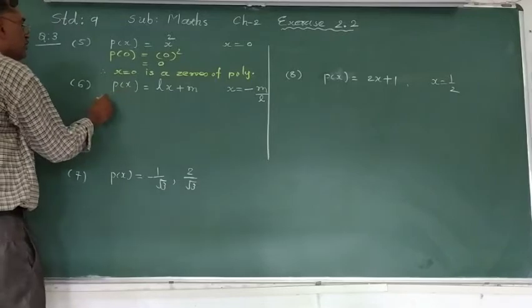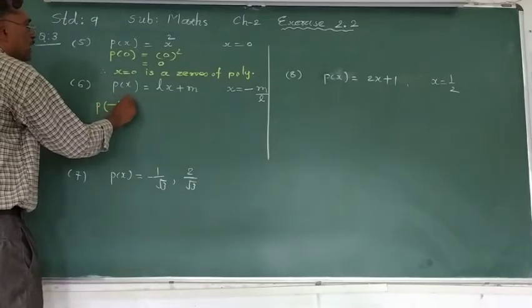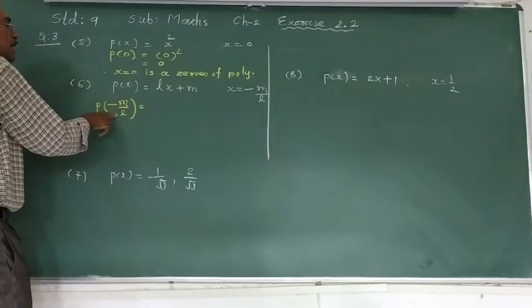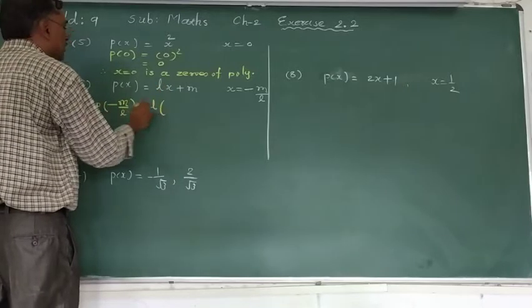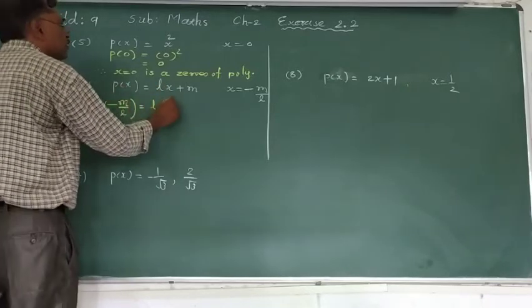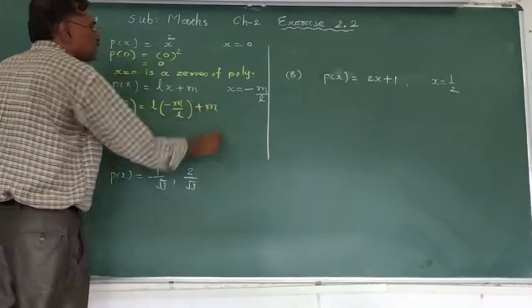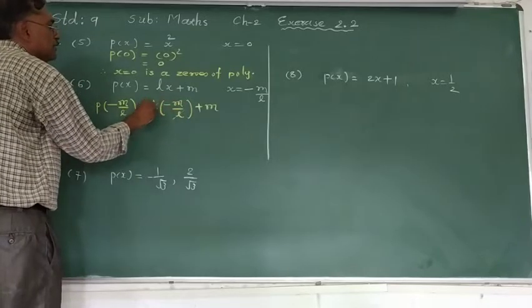Now 6th number, p(x) equal to lx plus m, and x equal to minus m upon l. So put the value, p of x equal to minus m upon l. Write minus m upon l in place of x. So here is the l times the value of x, minus m upon l, plus m. So this l will be cut.